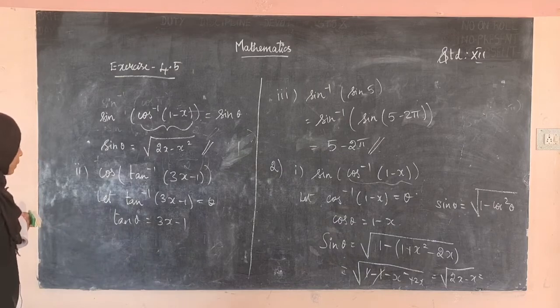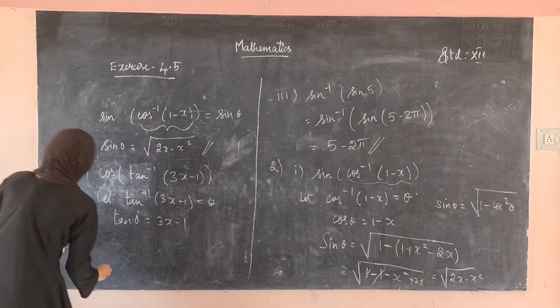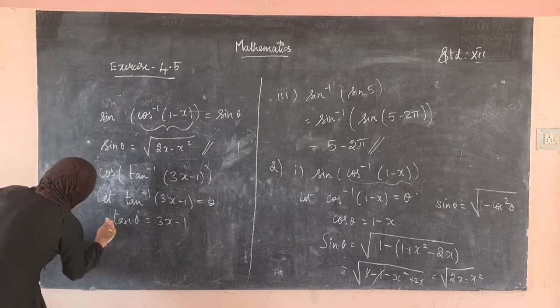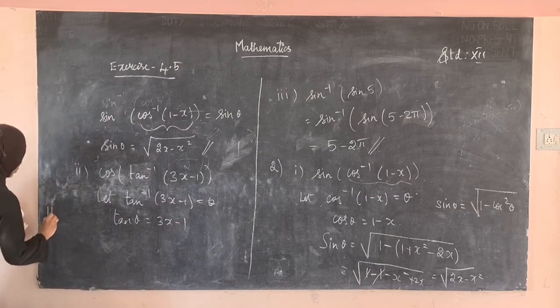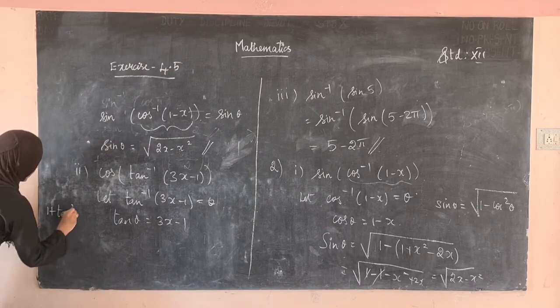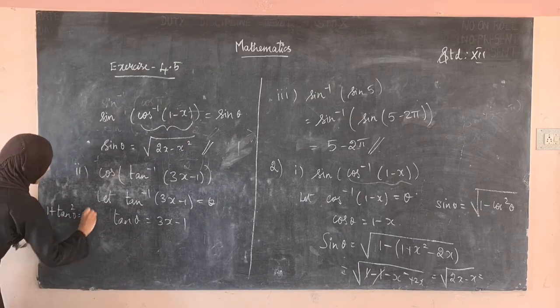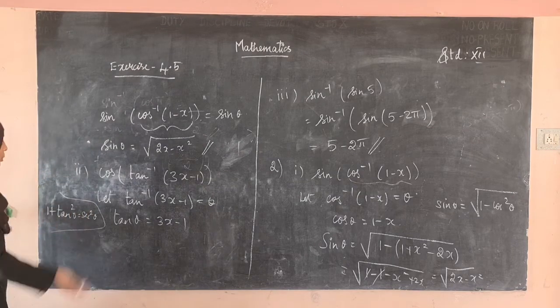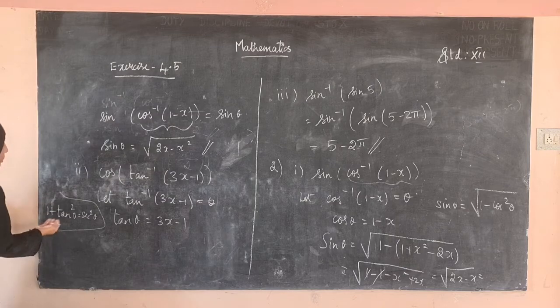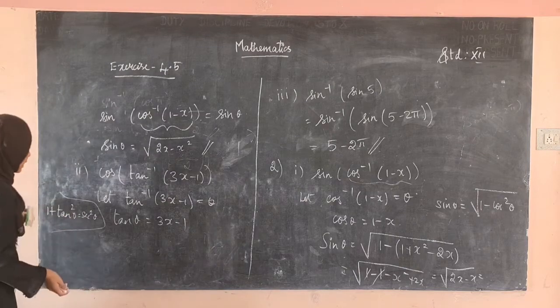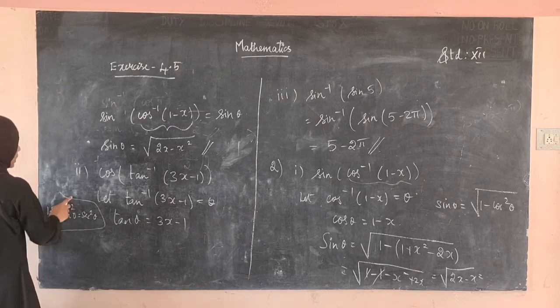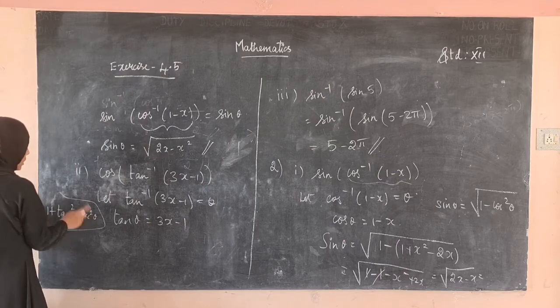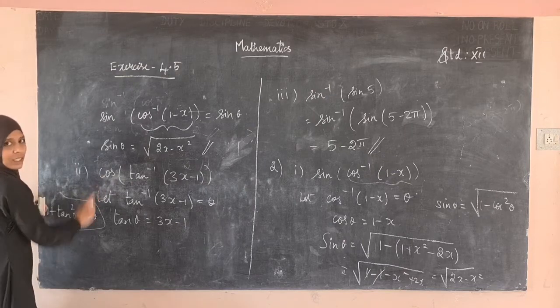Now see here, we know our formula, 1 plus tan square theta is equal to secant square theta. This is the formula we have learnt in the lower classes. If we find this, we can find secant square theta, then from secant square theta we can find cos theta.